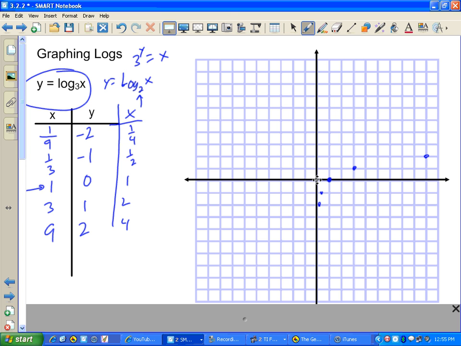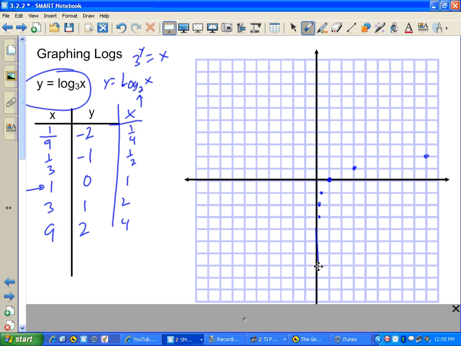Because if I were to put in 1 over 27, I would get out -3. If I put in 1 over 81, I'd get out -4. So the closer I get towards 0, the lower I'm going to go.